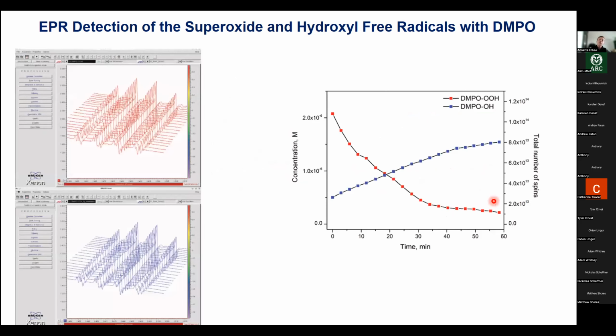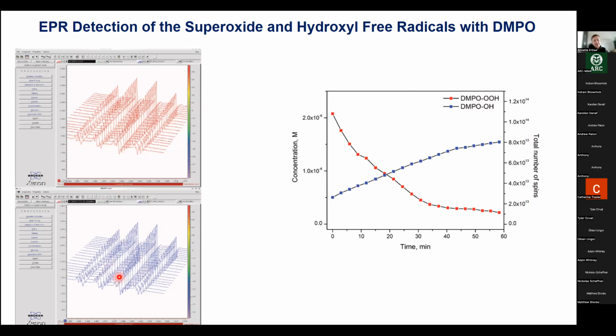Now, the software that comes with the EPR instrument that both our facilities have is able to do 2D experiments, where you take spectra at fixed points in time again and again, so that you can monitor a reaction over time. The software is also able to help you fit each of these spectra to figure out the extent of the two components.